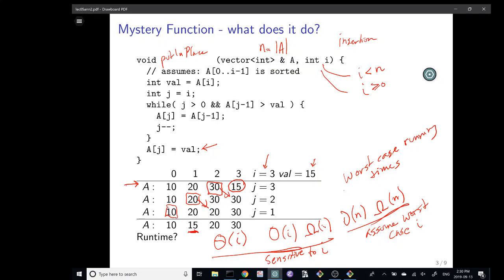It's a little tricky, the loop invariant, because the state of the system that you're at after a certain number of iterations is not even an array that contains the original elements. It has a duplicate. Like here, we have a duplicate of 30. So we have to have something that basically says everything after this index is big relative to value, and everything before is still in sorted order.